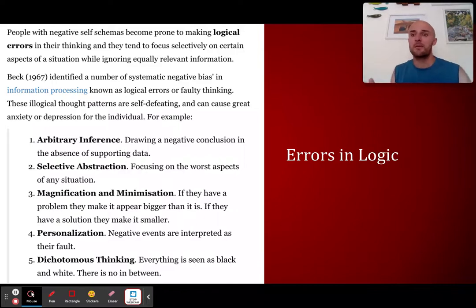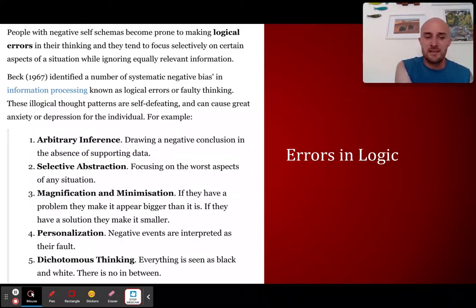If something bad happens to them, they magnify it. They make it much bigger than it actually is. Whereas if something good happens to them, say they get an A star, they minimize it. They'll go, oh, but it's just a mock. It doesn't mean anything. It doesn't actually go towards anything. So they're constantly locking themselves into this depressive way of thinking.